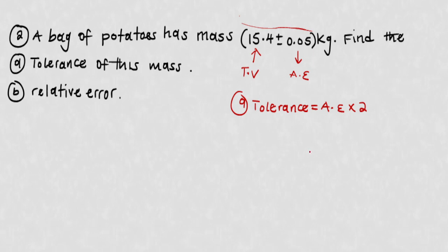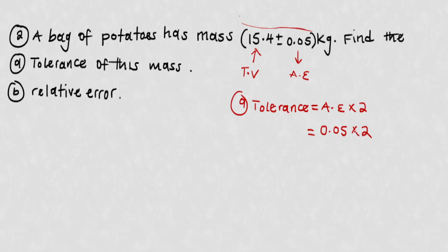So what am I going to do? To find tolerance, I get the absolute error, which was 0.05. Then I multiply it by 2. So what is 0.05 multiplied by 2? I also hope you know how to multiply decimals, because this type of question does not allow you to use a calculator. 2 times 5 is 10, then I look at the number of decimal places.